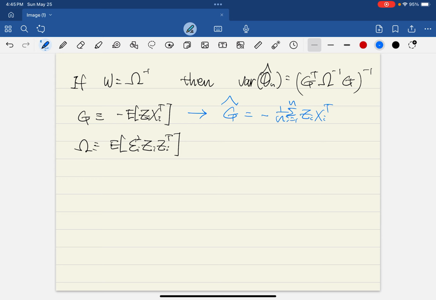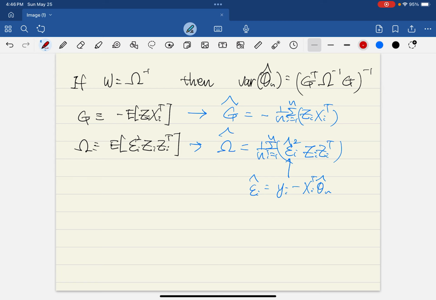Okay, and how do you estimate omega? That is defined as a sample mean, and instead of epsilon itself, we use the residual epsilon hat and z_i z_i transpose. Here this epsilon hat is the straightforward residual.